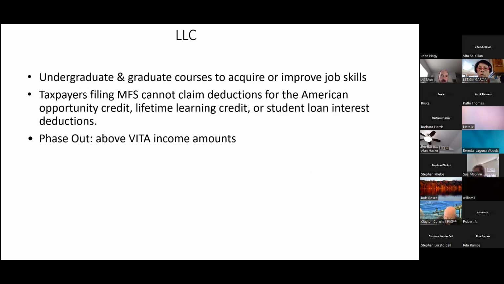Years ago, I decided I wanted to take some real estate courses to get smart on real estate. I took a course here and a course there, and I had already graduated from college. In that case, if I met all the rules, I could take the lifetime learning credit. Again, it's for everybody on the return, and the maximum is $2,000.